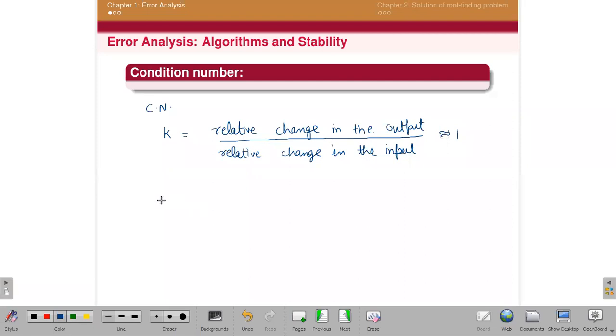So here I can write the condition number. Now here it is not equal to 1. We want it should be equal to 1 or less than 1.